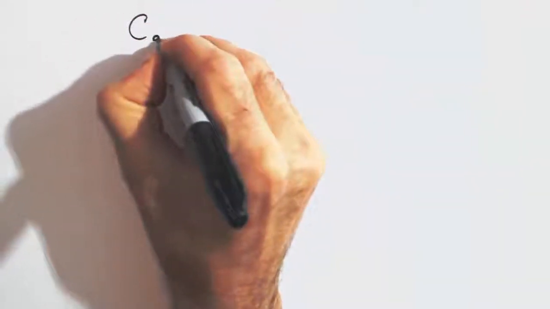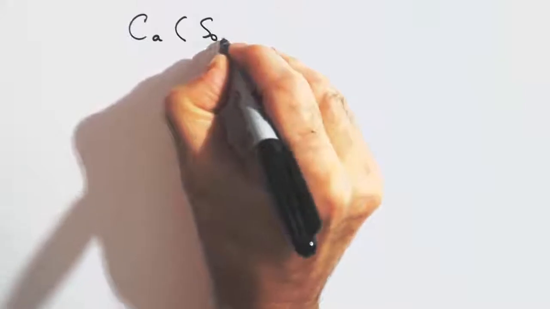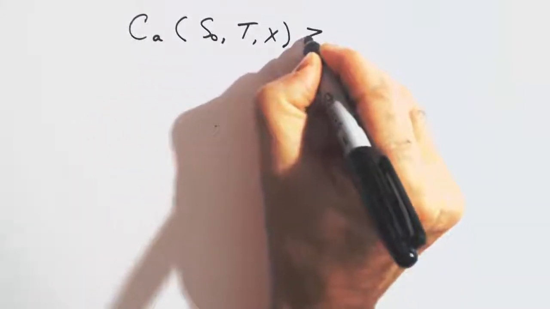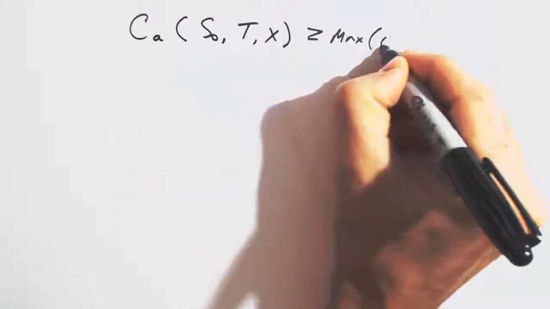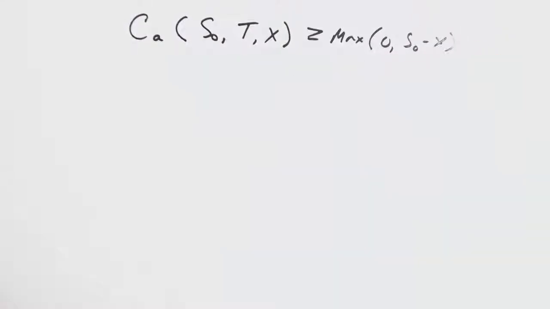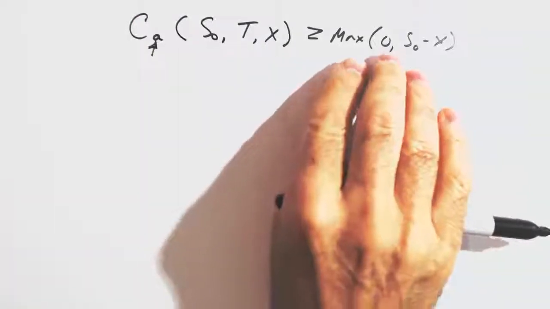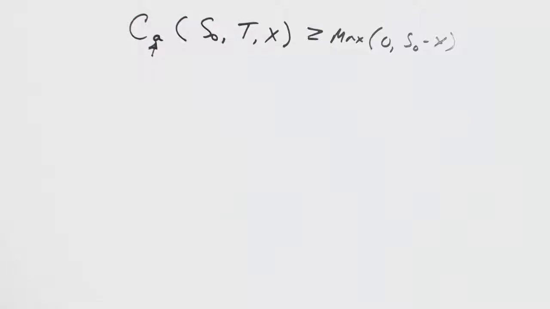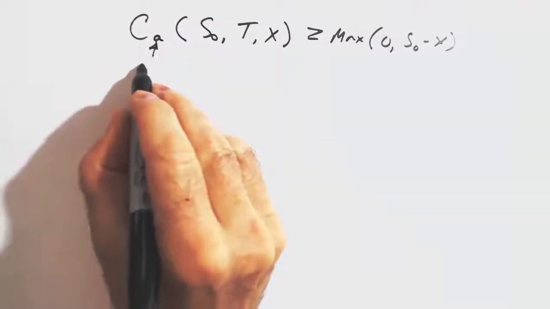So recall we stated that the lower bound on an American call was simply this. That was the American call lower bound. So the call price has to be greater than this intrinsic value. What we want to do is get the lower bound on a European call, and it turns out to be mathematically looking like this.